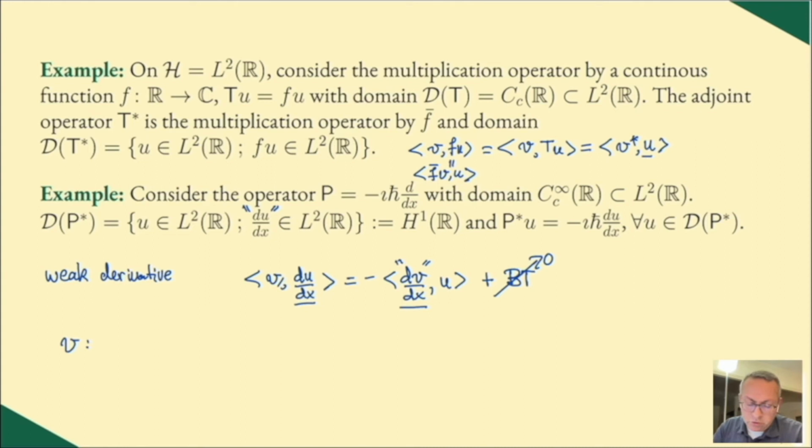So this defines the domain of our operator, because if you write it in terms of P, you see here I have a minus sign, but in P I have the complex i, so this is exactly this relation.